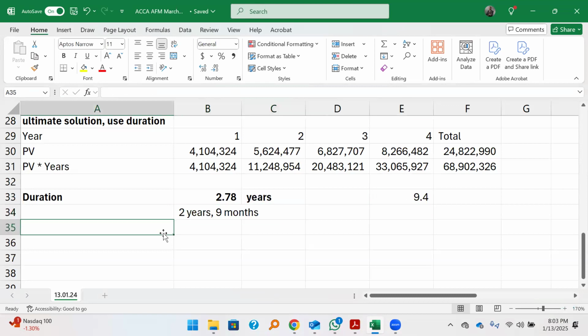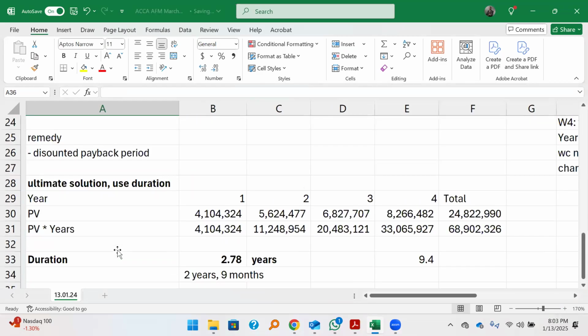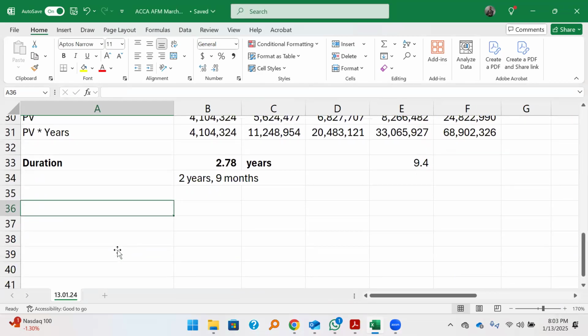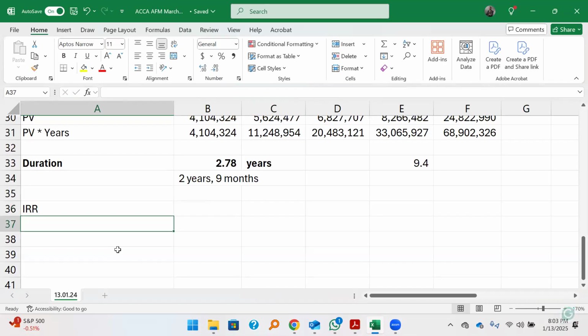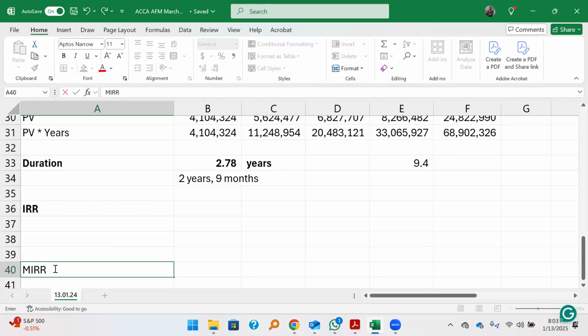Okay. Yeah. Now, just to also illustrate something, because ideally, this question was just about NPV and then duration, and then the second part. But just to illustrate, the other thing that we can do with this is find the internal rate of return. So internal rate of return, and also modified internal rate of return.